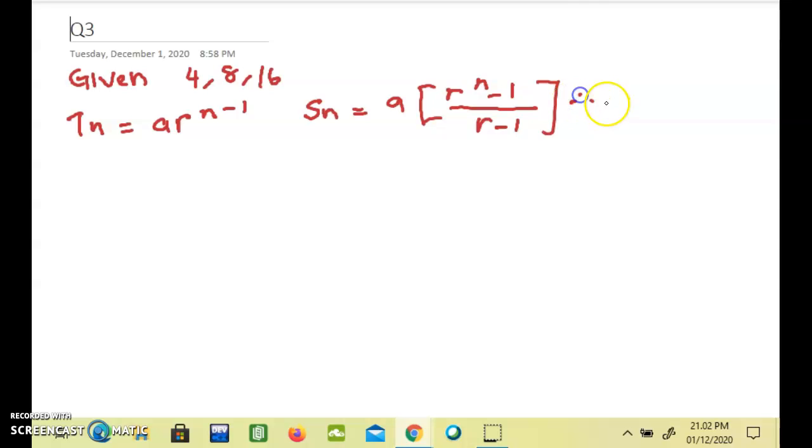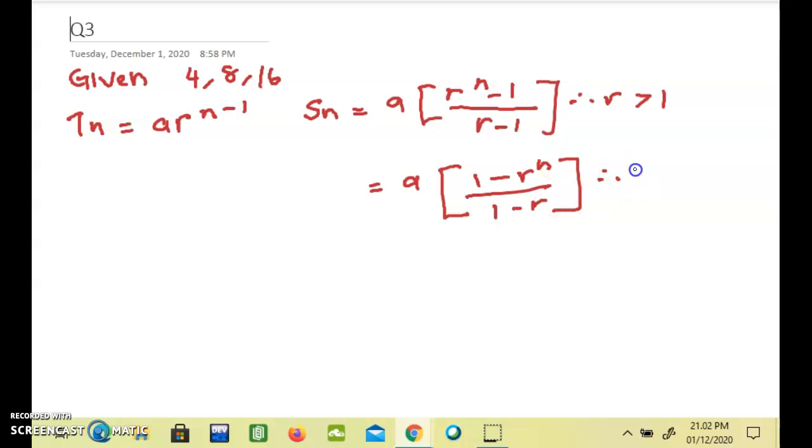This formula is for when r is greater than 1, and if your r is less than 1, your formula will be like this.